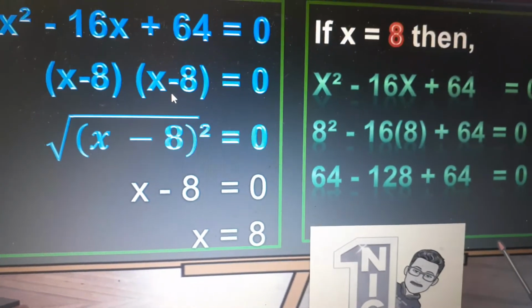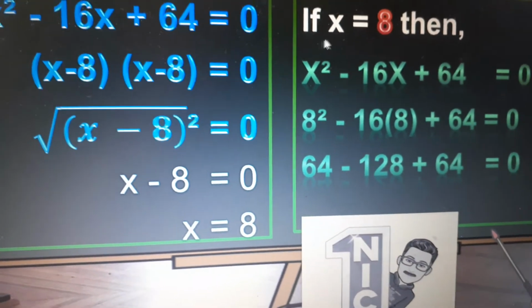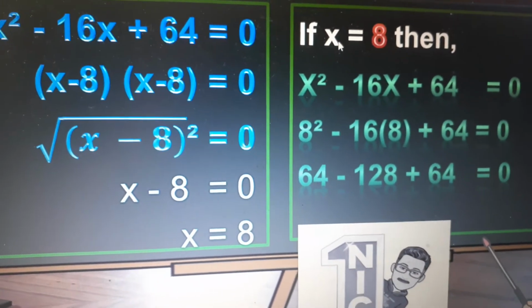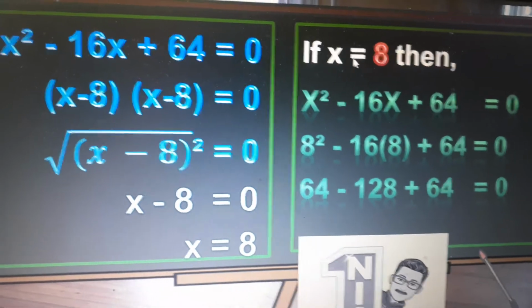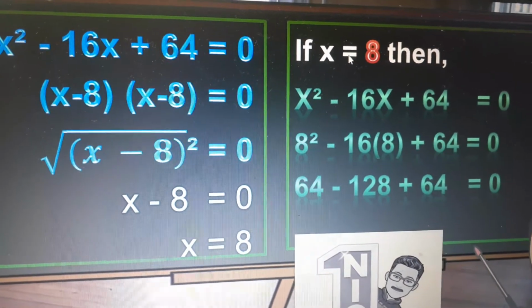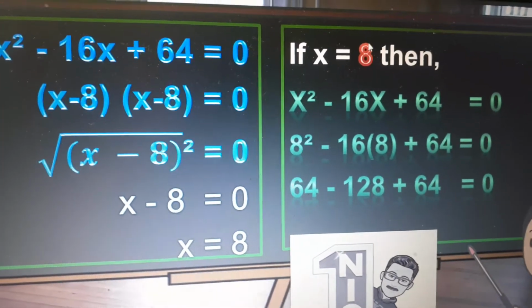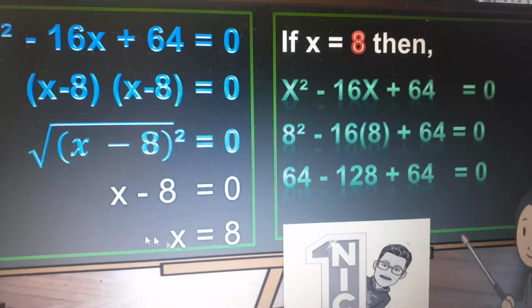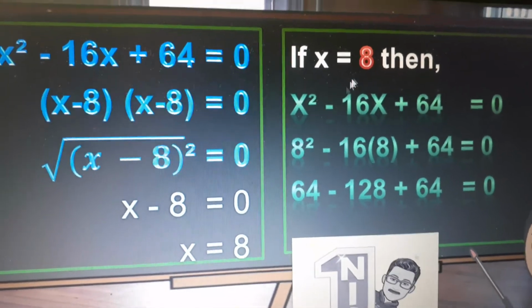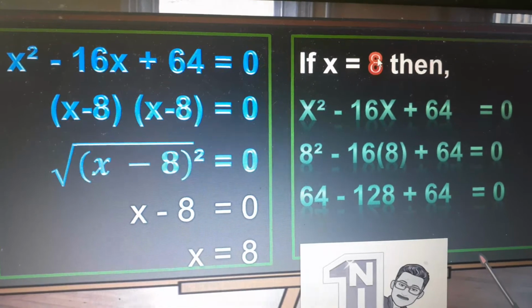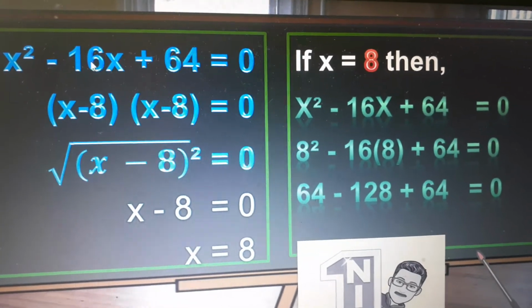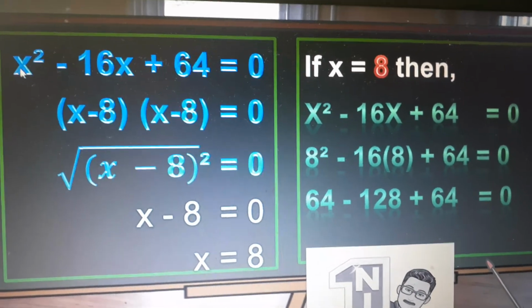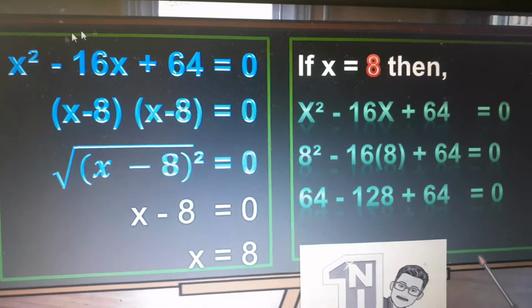Anong kasunod? Para malaman natin na tama ang ating sagot, we will just simply check our answer by substituting the value of x na nakuha natin dito. Ang ibig sabihin nun, yung x natin na nakuha dito ay ipapalit lamang po natin dito sa lahat ng variable sa original equation natin.